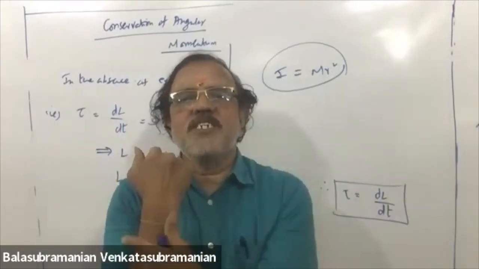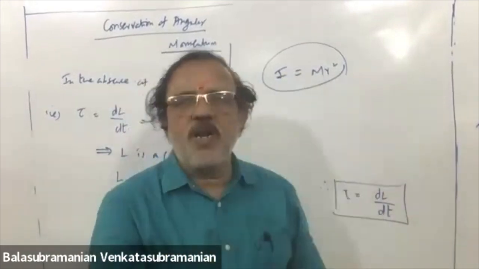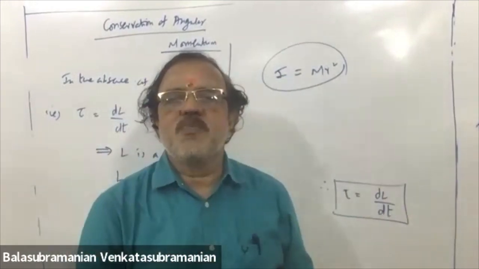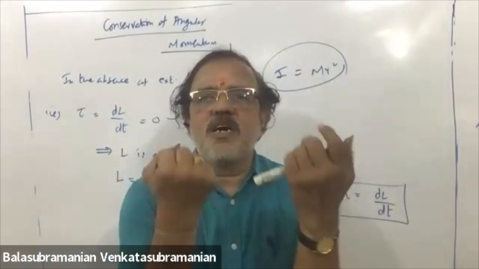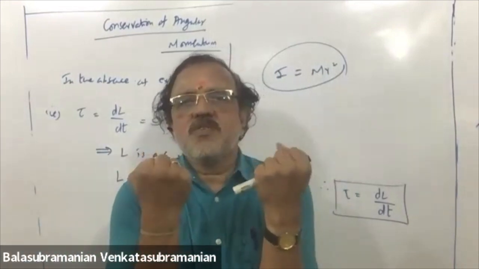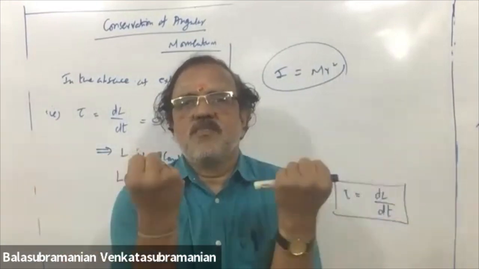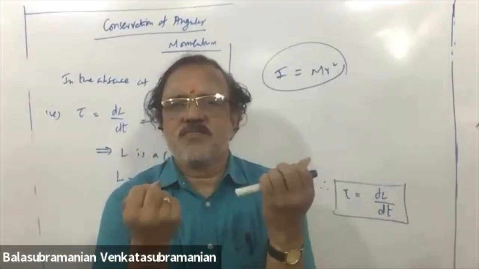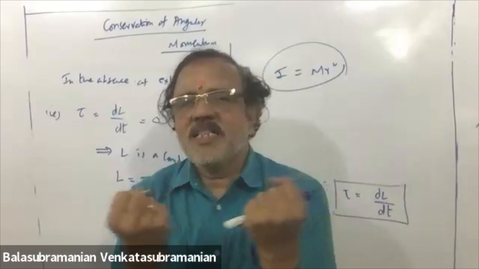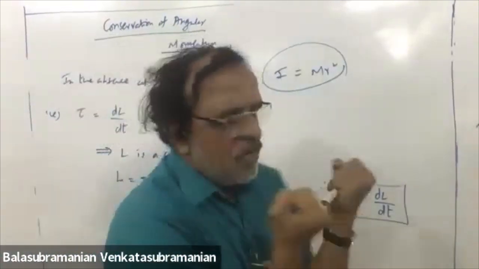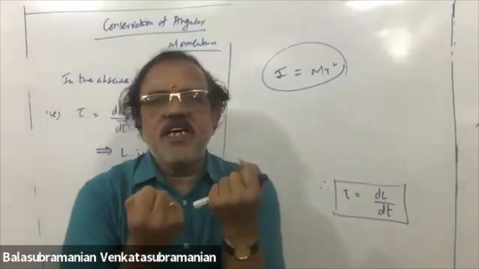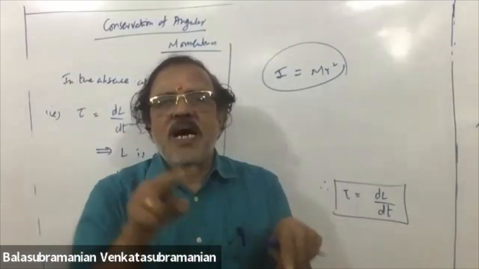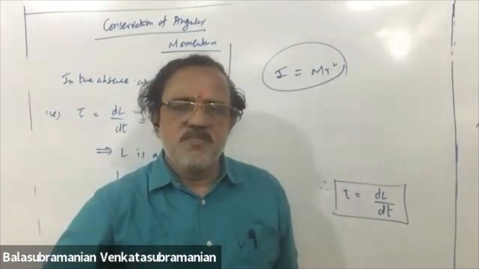Distance is small means moment of inertia is small. Moment of inertia is small means what is the meaning? Angular velocity is more. So when the person is folding his arms and rotating, he can rotate faster because moment of inertia is lower. So angular velocity is more.